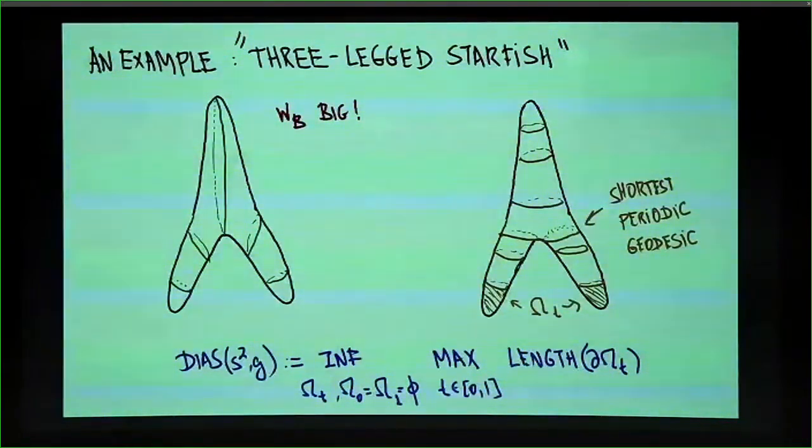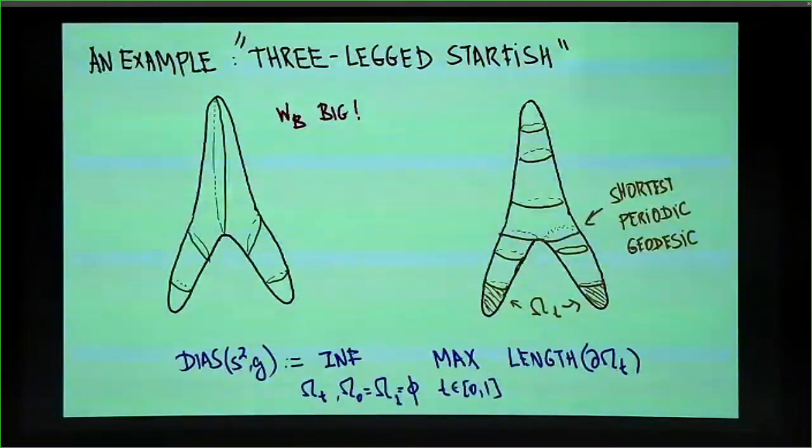Now, I realized I made a small mistake here, because the right thing should be that the boundary of omega 0 is 0, and the boundary of omega 1 is 0, so that the beginning of the deformation has the empty curve, and the end of the deformation also has the empty curve. But then I also need to keep track of the regions sweeping out the sphere. They need to pass through all regions of the sphere.